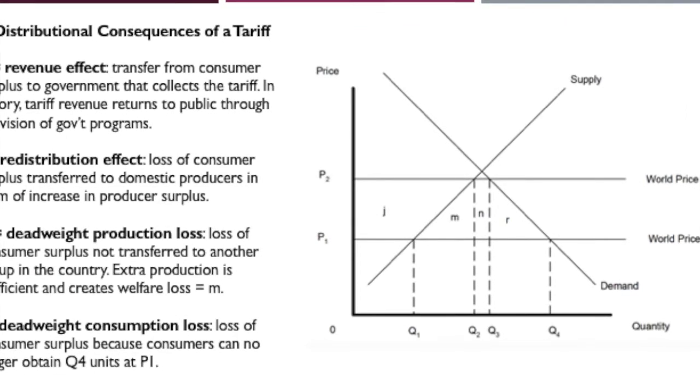This is a loss of consumer surplus transferred to domestic producers, because now we're producing more stuff domestically. So all of that cheap stuff, the benefits that consumers were getting from cheap stuff with free trade, some of that has been transferred now to domestic producers, as they now try to fill that gap.